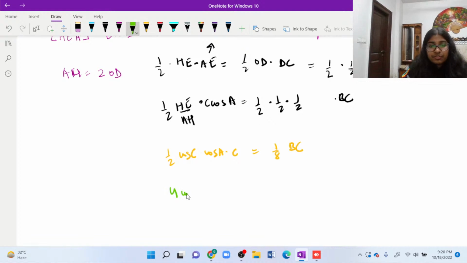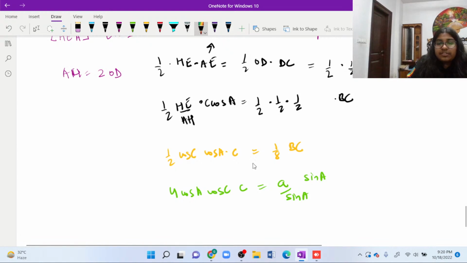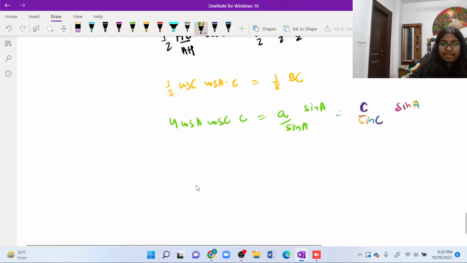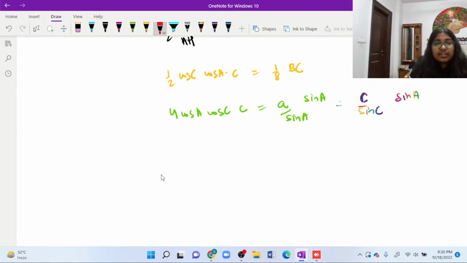So 4 cos A cos C equals A by C, and we multiply and divide by sine A, which equals C by sine C using the sine rule, times sine A. So technically 4 cos A cos C sine C equals sine A.